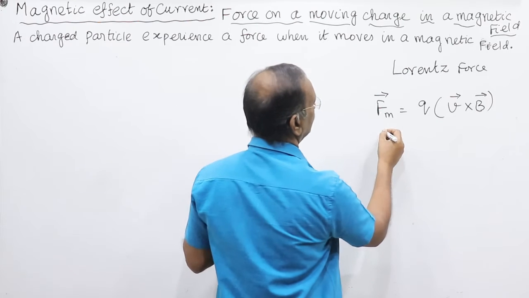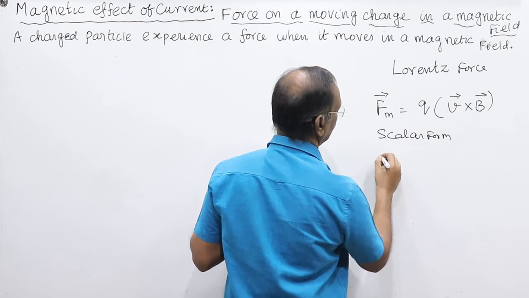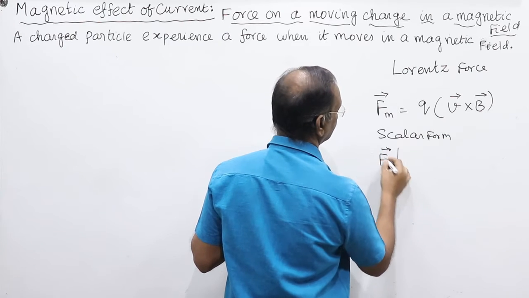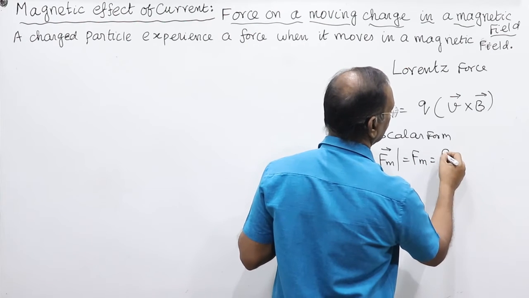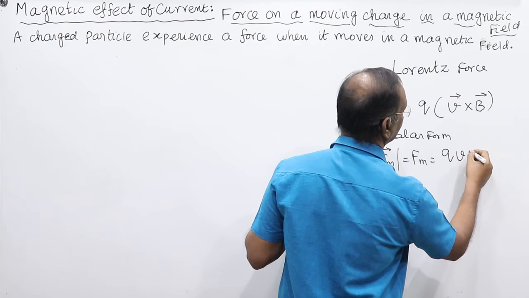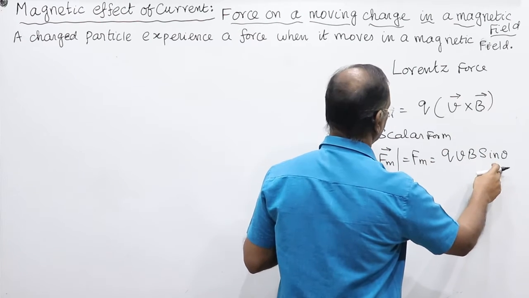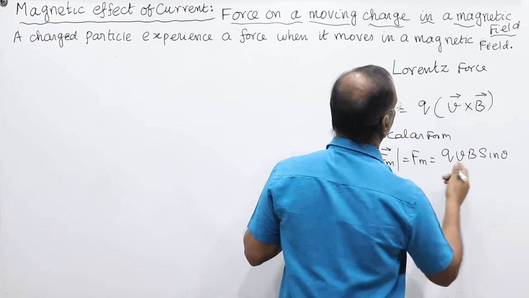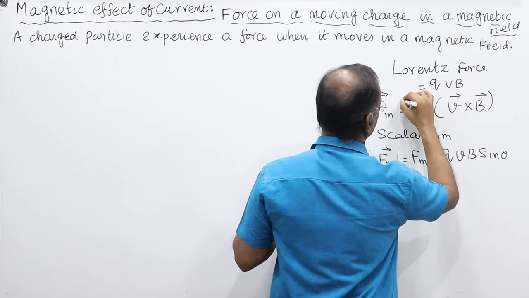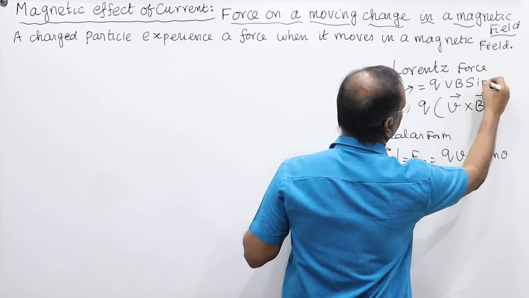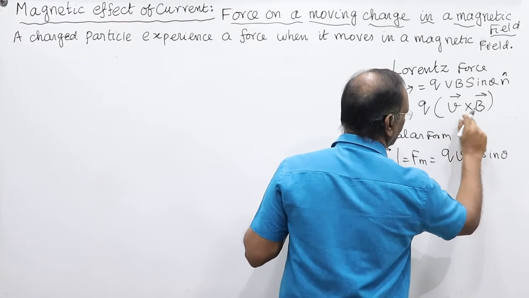So in scalar form, the magnetic force F_m is equal to Q into V into B into sin theta, because V cross B is V B sin theta into a unit vector along its direction.